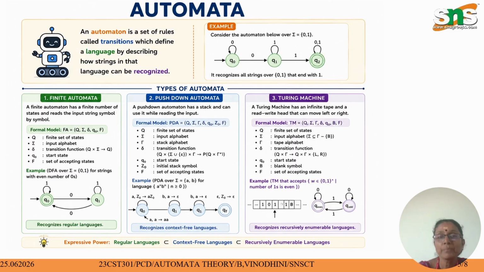An automata is defined by a set of five tuples. Consider an automata with three states Q0, Q1 and Q2 that recognizes strings starting with 0 and ending with 1, such as 001. All the strings derived from the particular alphabet that satisfy this should be recognized by the automata. Automata are also of three types: finite automata, push-down automata, and Turing machine. We will see these in detail in the next session.